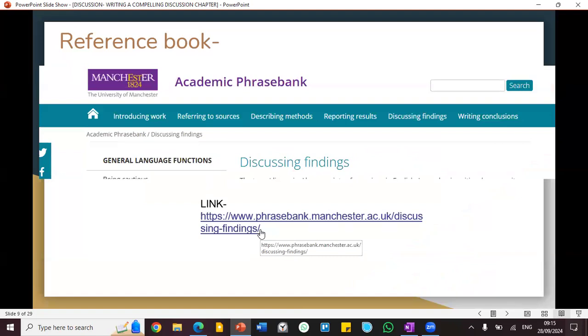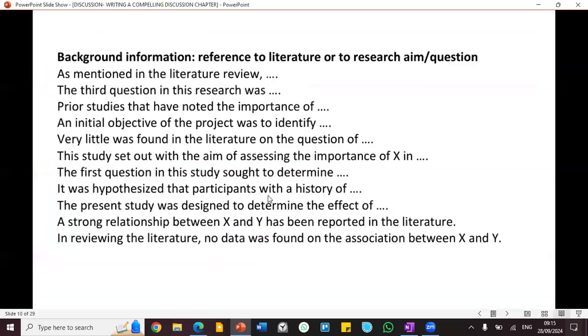You can just search from your browser, Academic Phrase Bank. So you'll find there are phrases you can use when you're writing results, discussion, or methodology. There are phrases that are widely acceptable, and they help you express yourself in each section that you are writing.